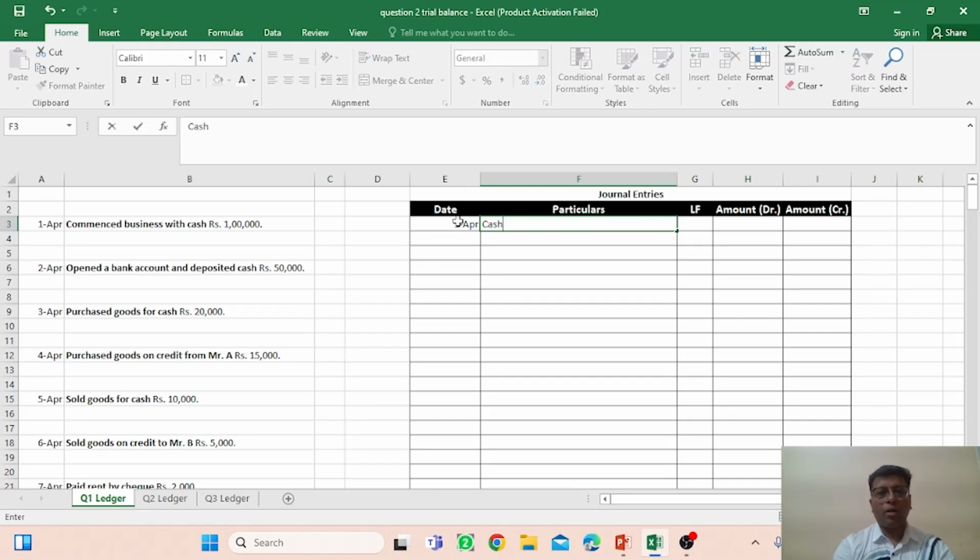So cash account debit, to capital account, and the narration is business commenced with cash, and you have to mention the amount, rupees 1 lakh.